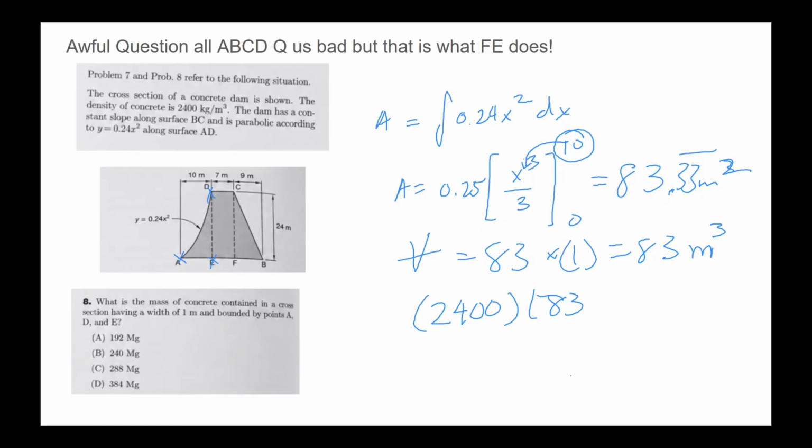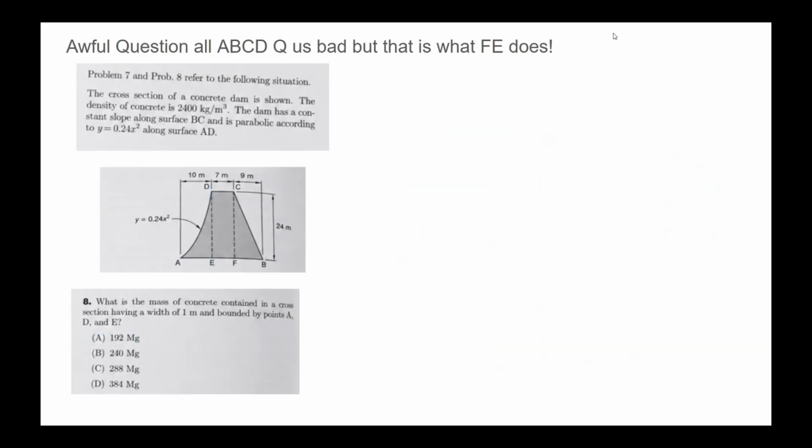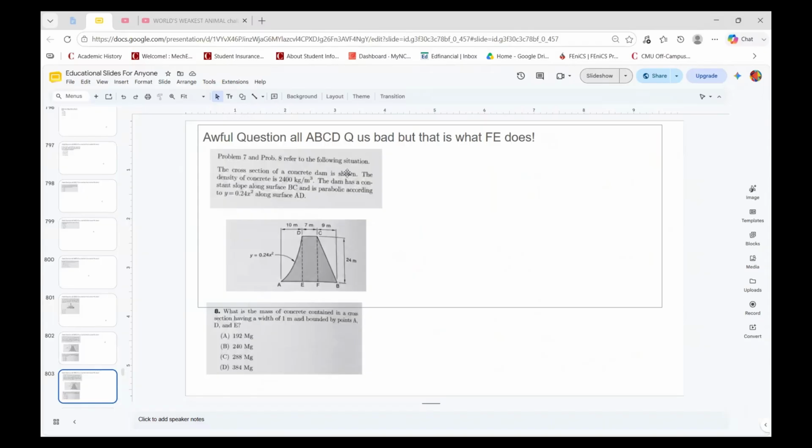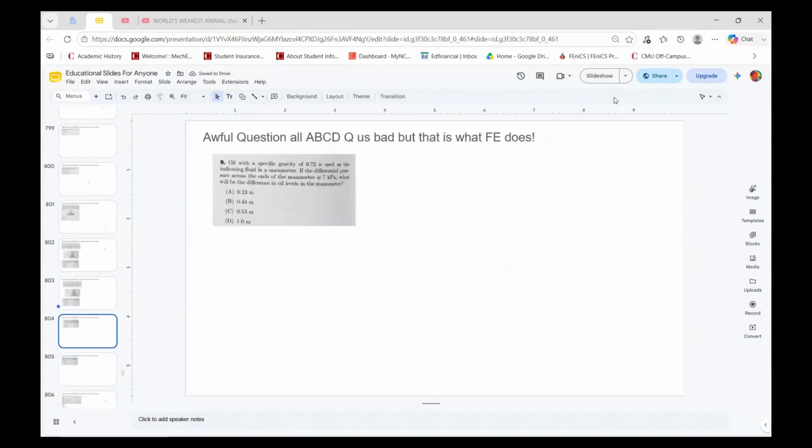So we multiply what our answer is in our calculator with 2400. I get about, well, I'm assuming it was my rounding error, so I think I'm going to have to choose A. Probably a rounding error on my part.